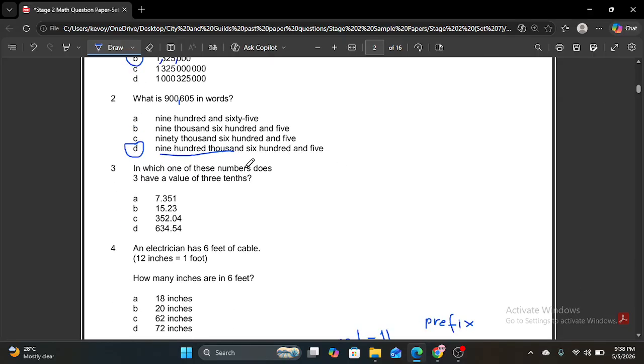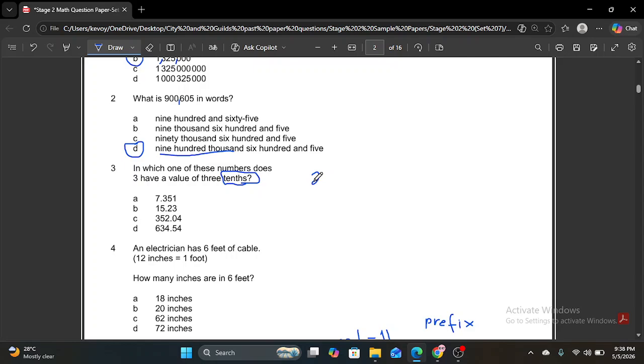Alright, so let's quickly look at number 3. In which of these numbers does 3 have a value of 3/10? When they talk about the tens place on the place value chart, this is the digit right before the decimal point.